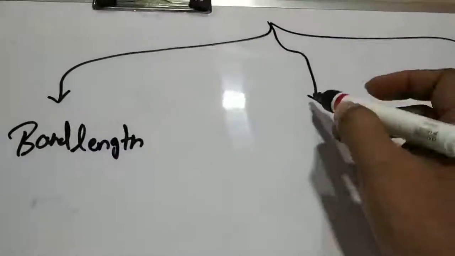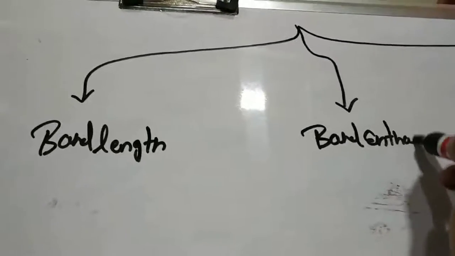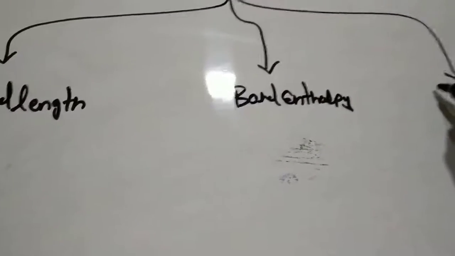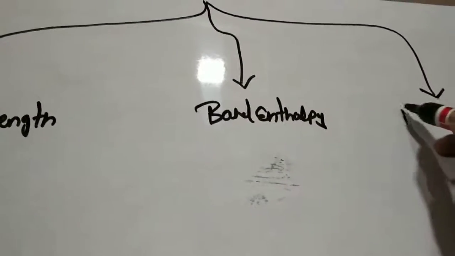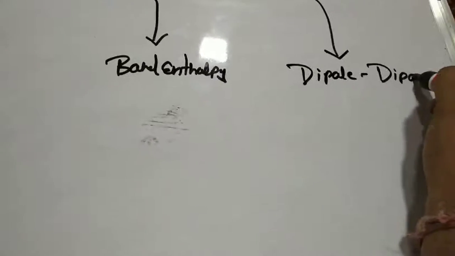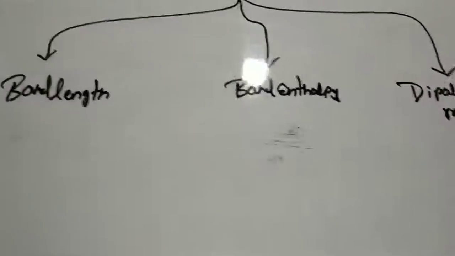Number two, it will be bond enthalpy, or you can call it bond energy. And number three, it will be dipole moment, or you can simply call it dipole moment, right?